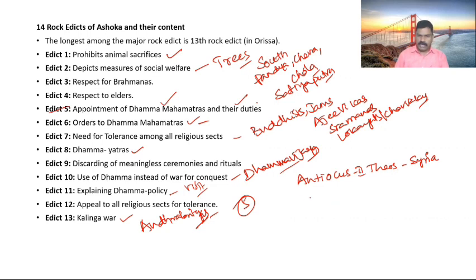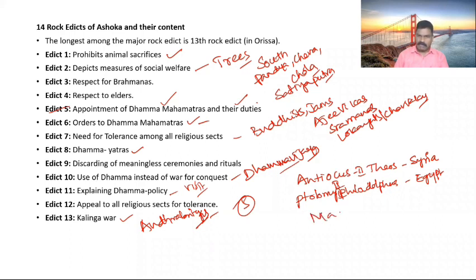Second, Ptolemy II Philadelphus of Egypt. Egyptian rulers were called Ptolemy rulers.